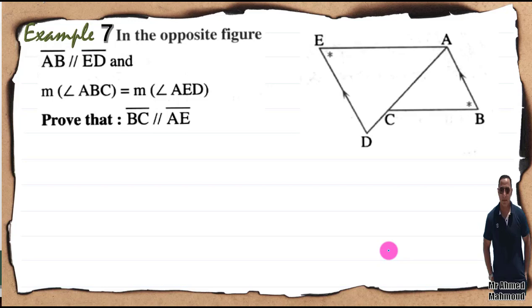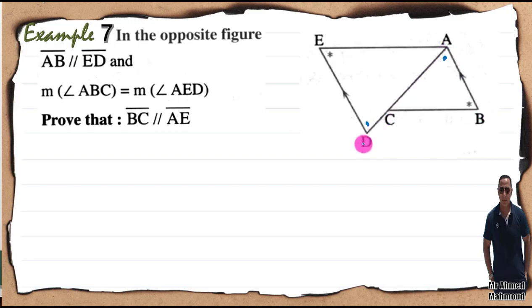Here in this example, AB parallel to ED and the angle B equal to angle E. Prove that BC parallel to AE. Okay, now also we have two triangles. In the first triangle, angle B equal to angle E, okay? And also angle BAC equal to angle ADC, alternate angles.